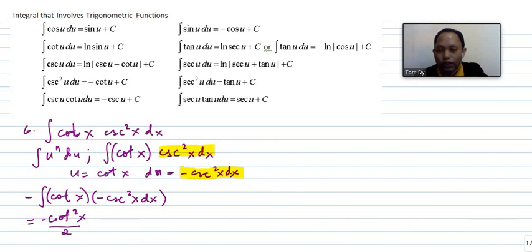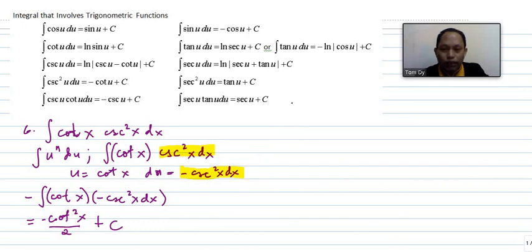That means cotangent x raised to 1 plus 1, that is raised to 2 over 2. That is our solution when we have integral of u to the n du equals u to the n plus 1 over n plus 1. So for this case, cotangent x to the n plus 1, that is 1 plus 1, equivalent to 2 over 2, plus c. So that is example number 6.